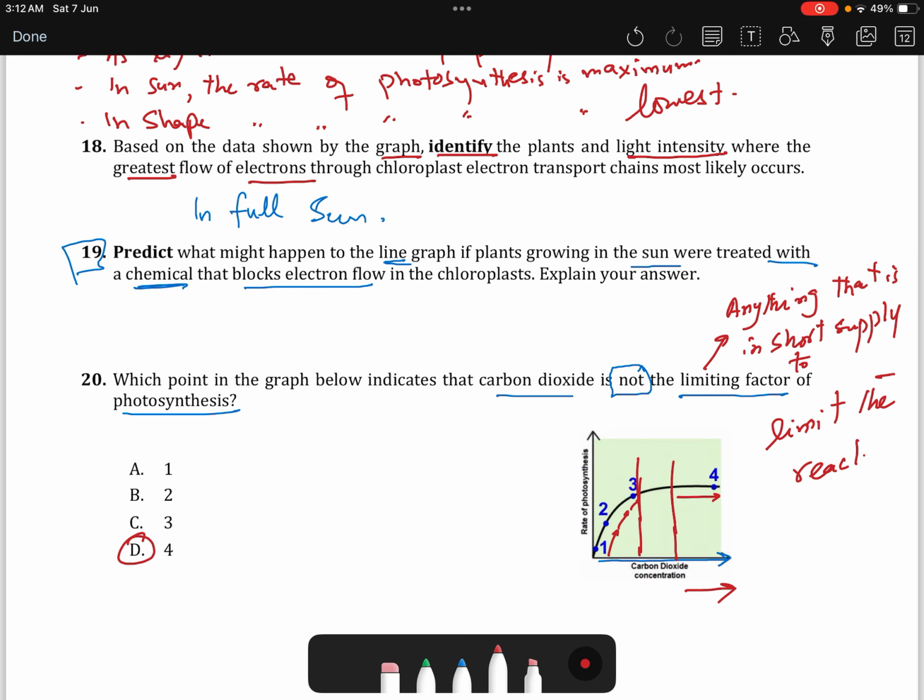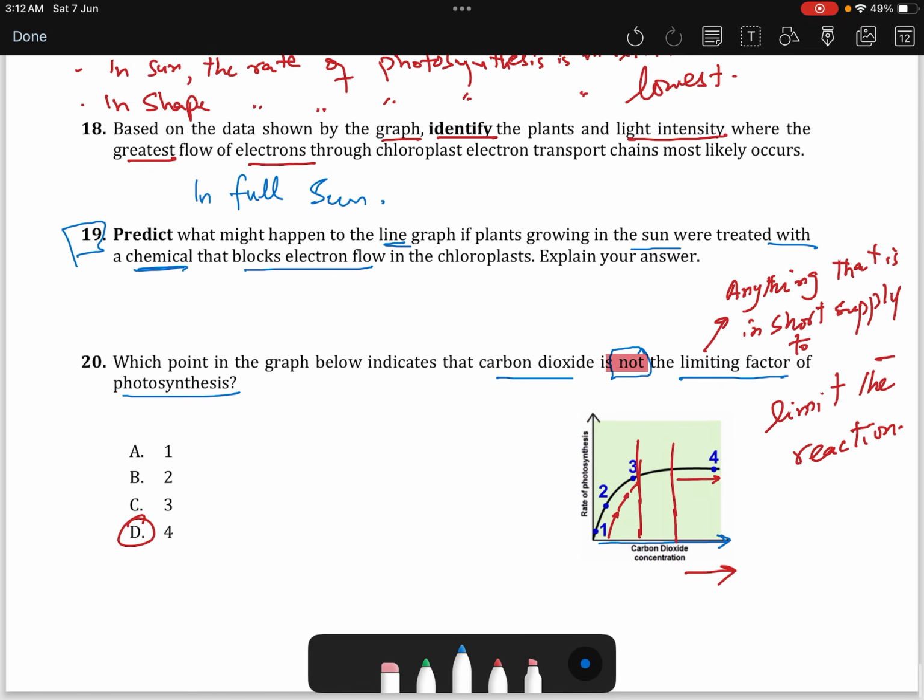Since the reaction is limited, we agree, but it is not limited because of the CO2. It is limited because of something else. So CO2 is not a limiting factor. And that's it. Thank you.